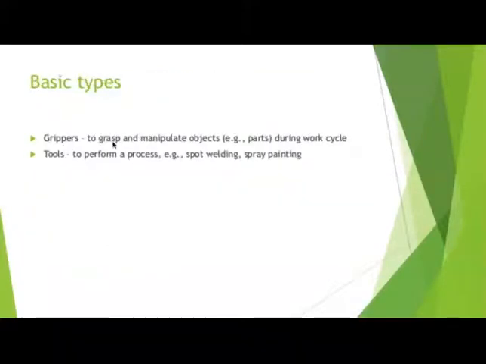Now, the basic types are grippers and tools, as I mentioned before. Grippers grasp and manipulate objects, that is parts, during the work cycle, and tools perform a process, for example spot welding or spray painting.